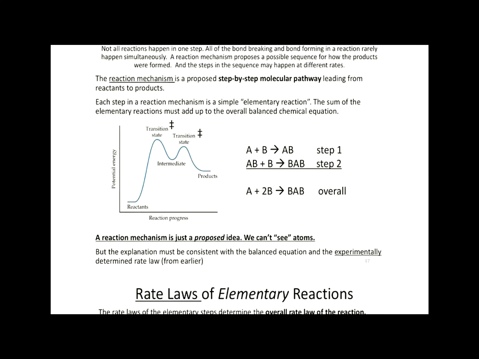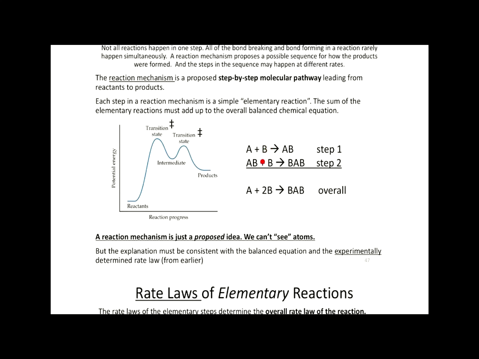So what I have over here on the side is I'm just telling you these are the specific elementary reactions that make up this reaction pathway. Here's your first step, there is your second step, all right? So 2 steps are happening. And so kind of like Hess's law, we can add up those 2 steps to give us our overall reaction. And this is what we observe in lab.